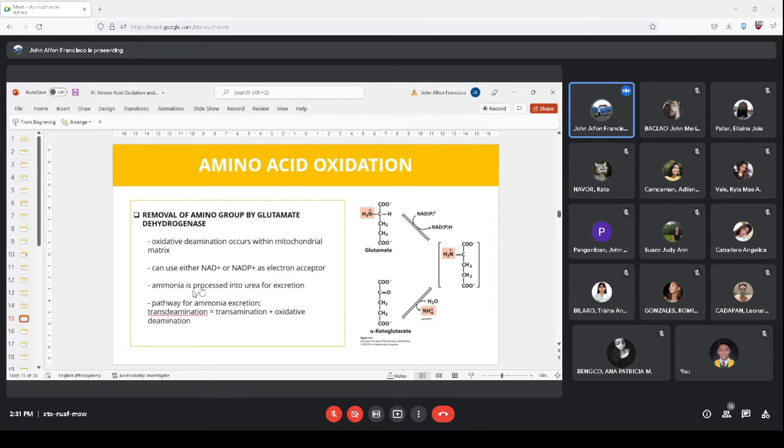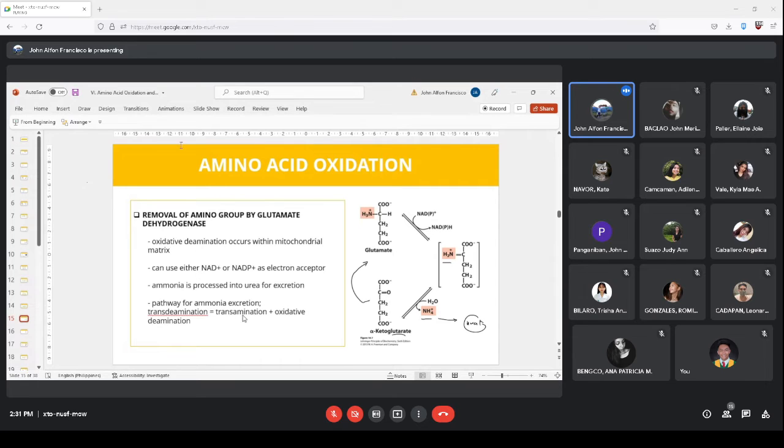Okay? So afterwards, itong ammonia na ito will undergo the urea cycle. And itong alpha-ketoglutarate will undergo again another capture of amine group mula sa another batch naman ng amino acid. Okay? So nagre-recycle lang yung alpha-ketoglutarate to glutamate in order para maging efficient yung removal of your amino group.